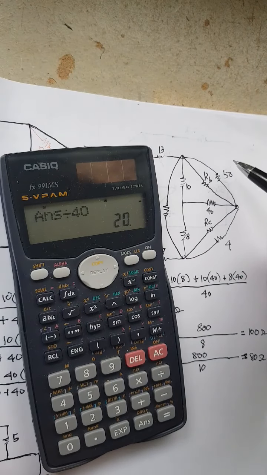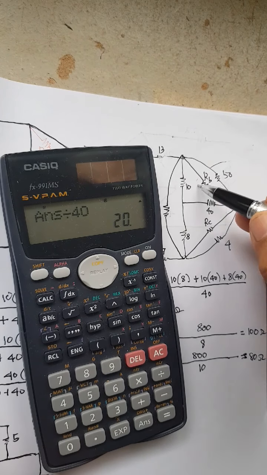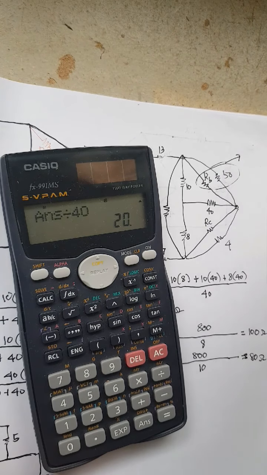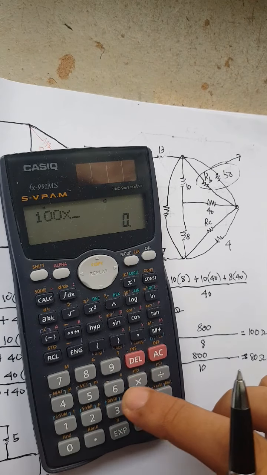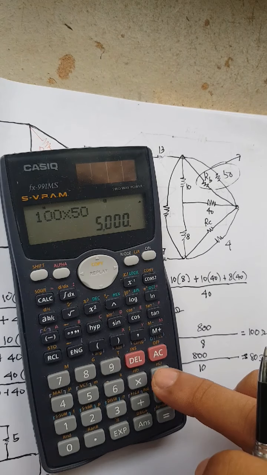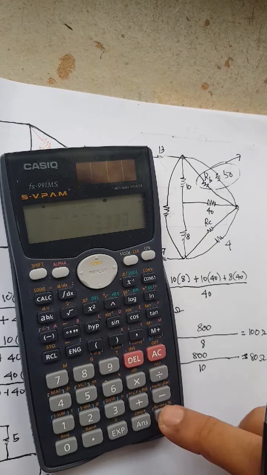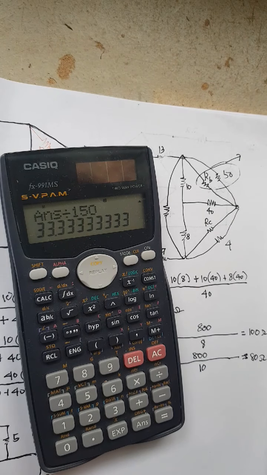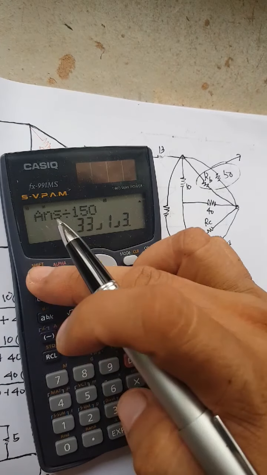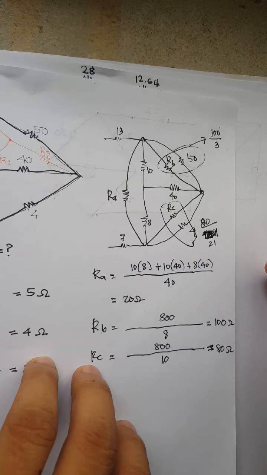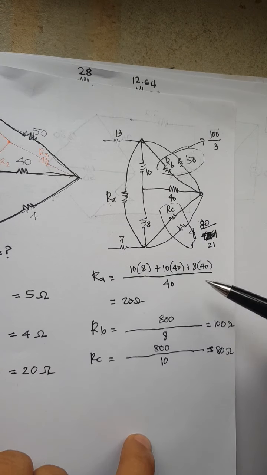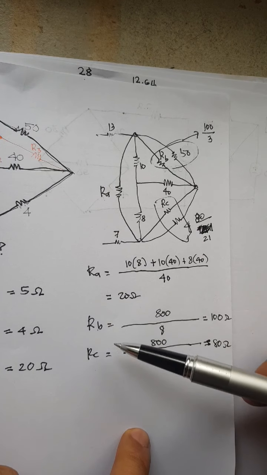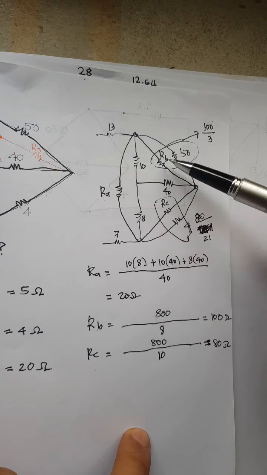So let's put this in a circle and let us get its equivalent. So 100 times 50 divided by 150. The answer is, in terms of fraction, 100 over 3. So we have gotten the values of RA, RB, and RC.